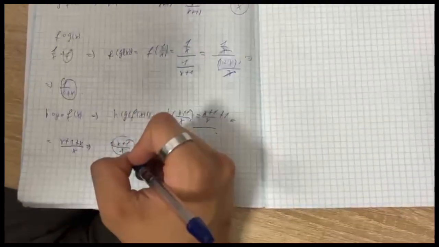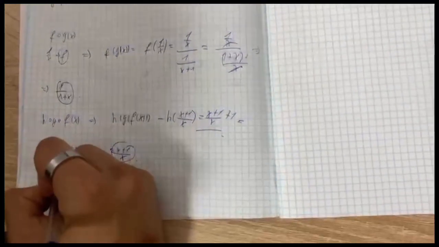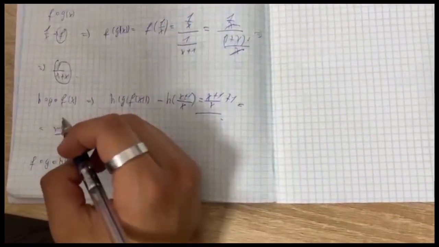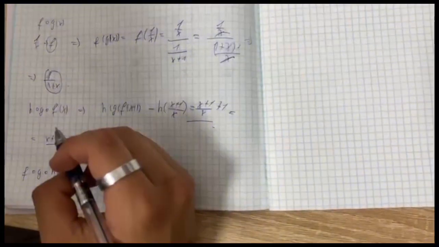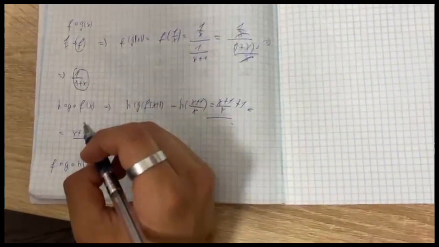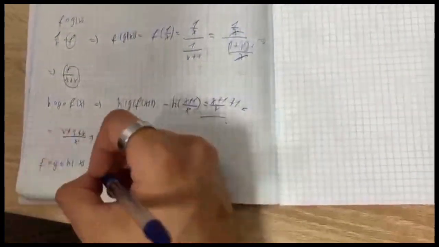So that's the result. But if we now find f of g of h of x, we go right to left: h, then g, and then f. After plugging everything in and simplifying, we will get these results.